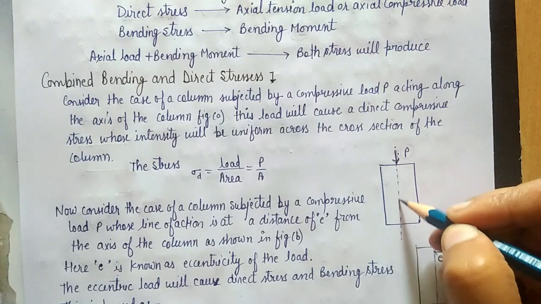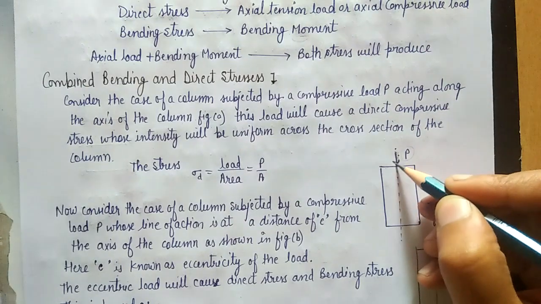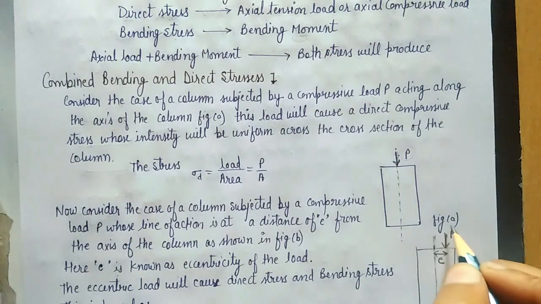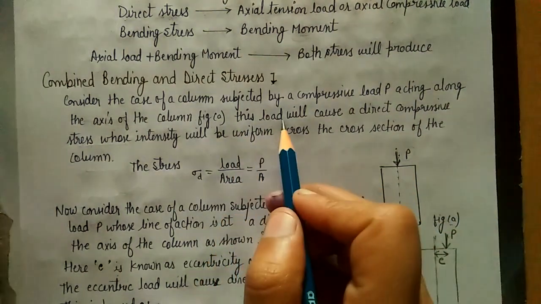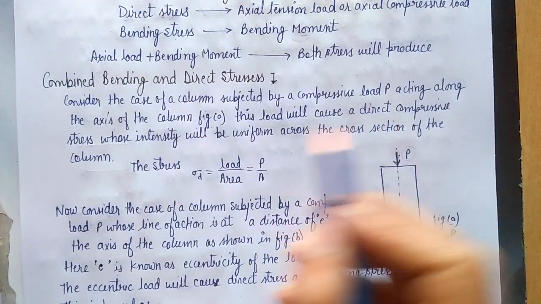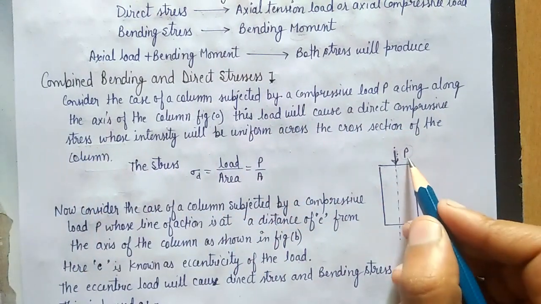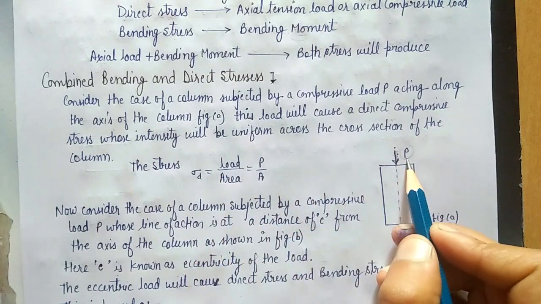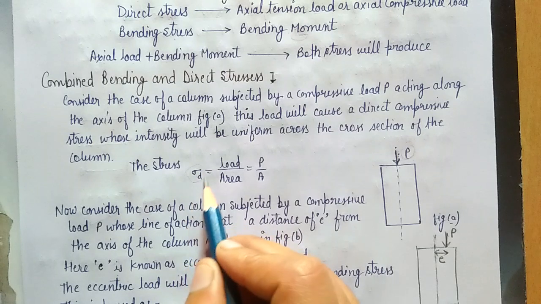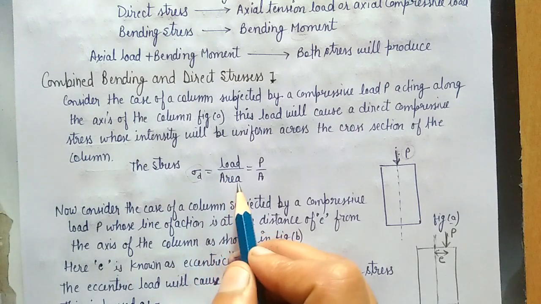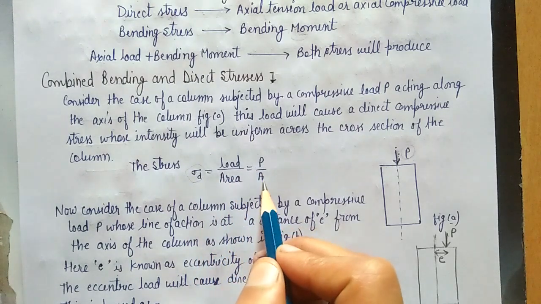It is shown in figure A. This load will cause a direct compressive stress, whose intensity is sigma direct, the stress due to direct load, that means direct stress is equal to load upon area, which is P upon A.